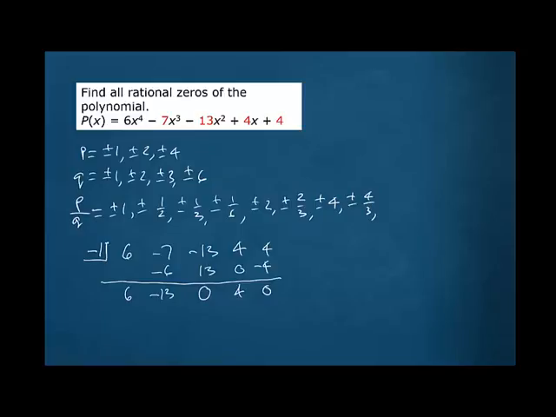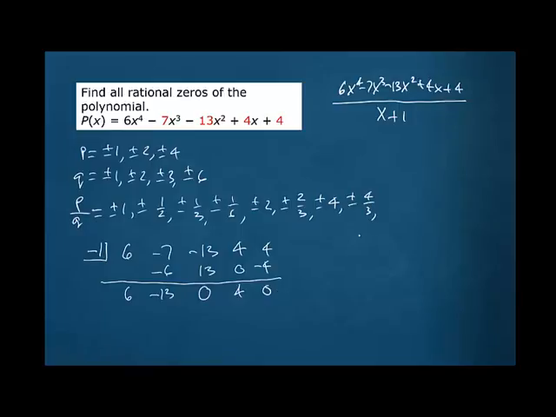So in other words, if we took the polynomial 6x to the fourth minus 7x cubed minus 13x squared plus 4x plus 4 and divided it by x minus -1, or in other words, x plus 1, it would divide evenly. We know that because this value here is 0, which means that the remainder would be 0.